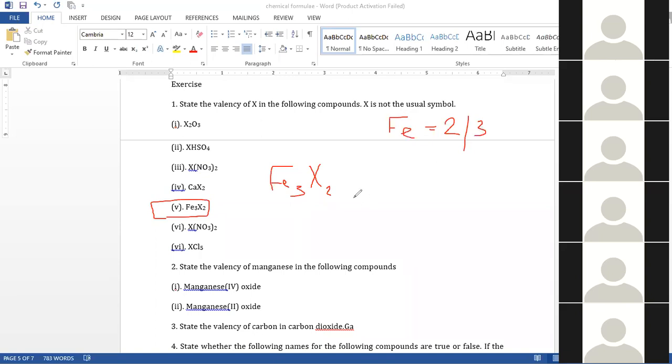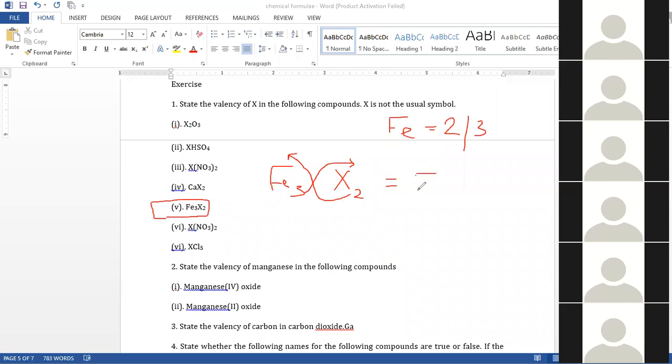That means that in this formula, iron has 3 as a subscript and X has a 2 as a subscript. Now, 2 comes here because that means originally 2 was the valence of iron, then 3 was originally the valency of X. We are going backwards from what we did last time.